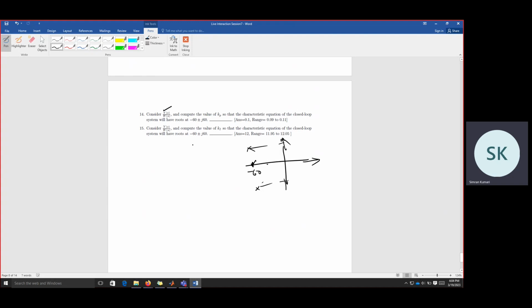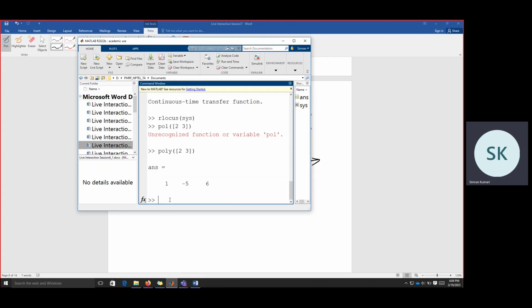What is the characteristic polynomial? That will be s minus (minus 60 plus j60) multiplied by s minus (minus 60 minus j60). Now we have to solve this and we'll get some polynomial.